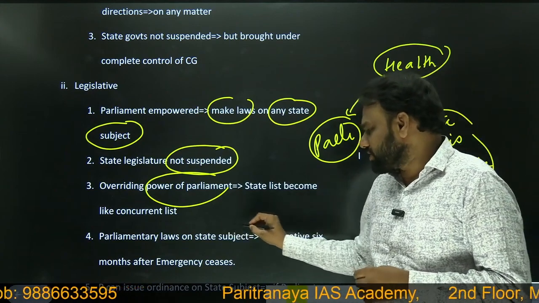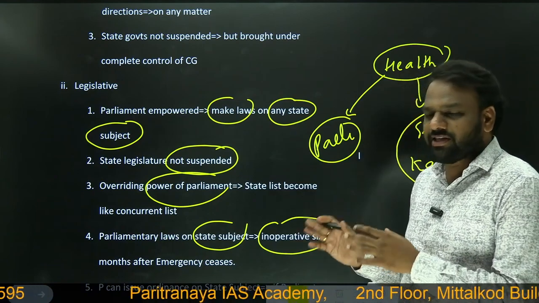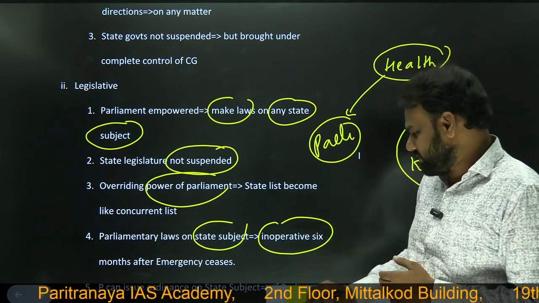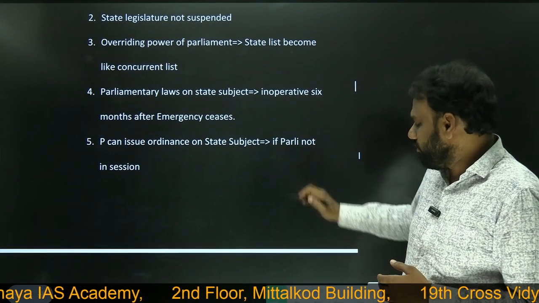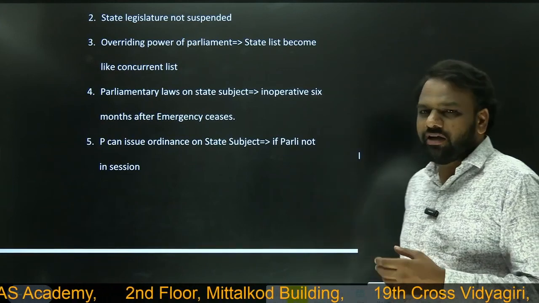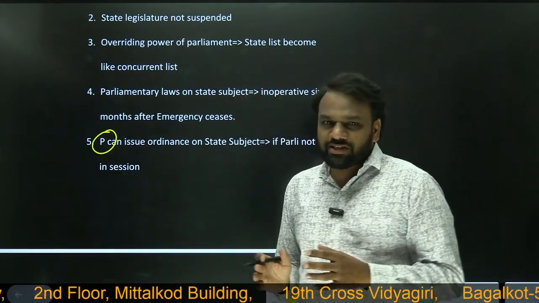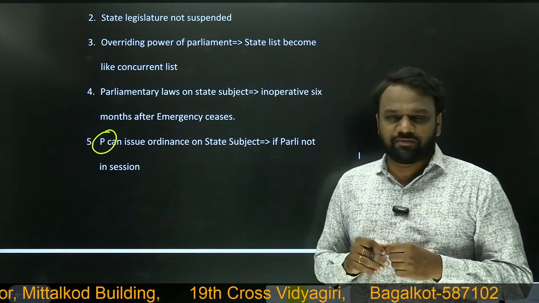Next, that is what we discussed. Parliamentary law on state subject is inoperative after 6 months. Once the emergency ceases, from that day onwards, it will remain operative for only 6 months. Next, we have also seen about ordinance. When we discussed the topic of President, the President has the power to issue ordinance. We discussed that the President can issue ordinance on union list subjects and concurrent list subjects.